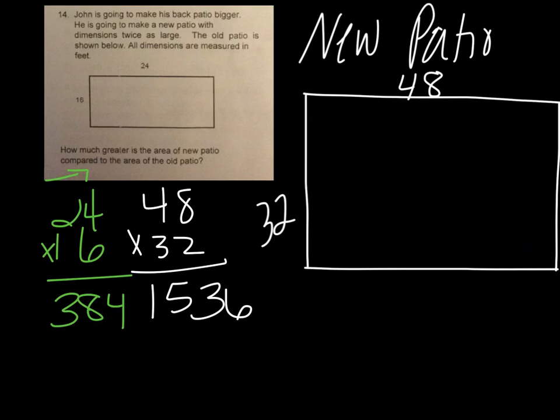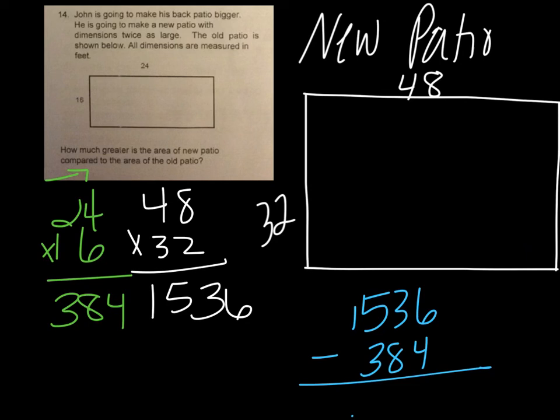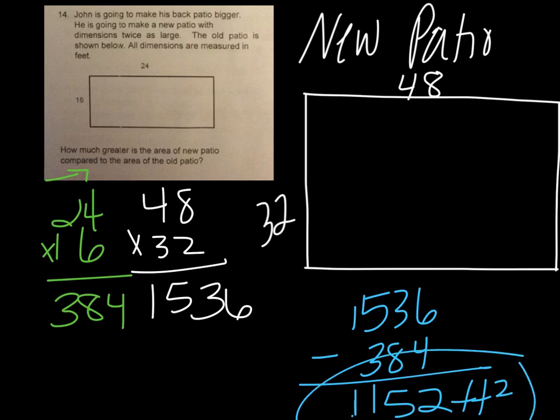And then to figure out how much greater the new one is, we'd have to subtract 1536 minus 384 would give us 1,152 feet. Oh, yeah, feet squared.